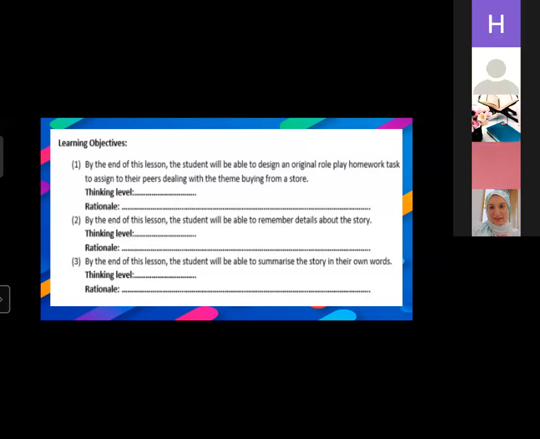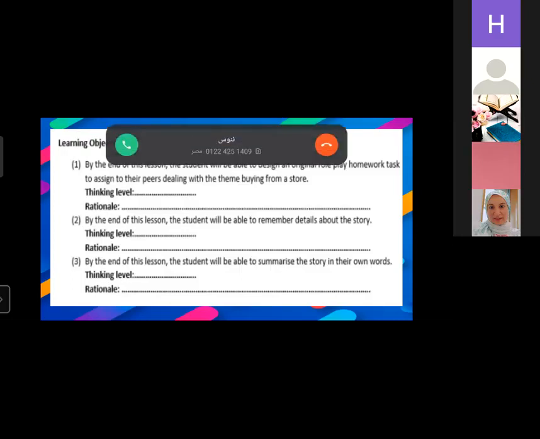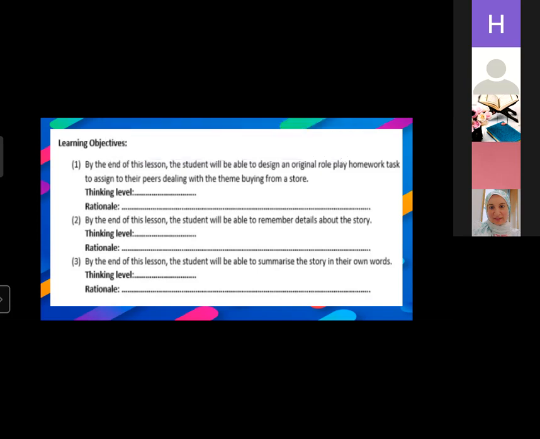Okay, so by the end of this lesson, the students will be able to design an original role play homework task to assign to their peers. So, Miss Hanan, which thinking level? I think create.